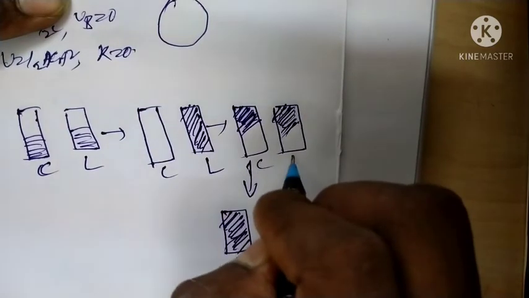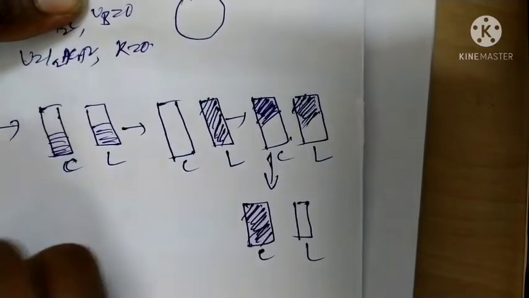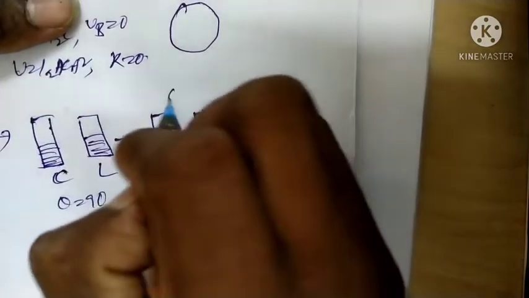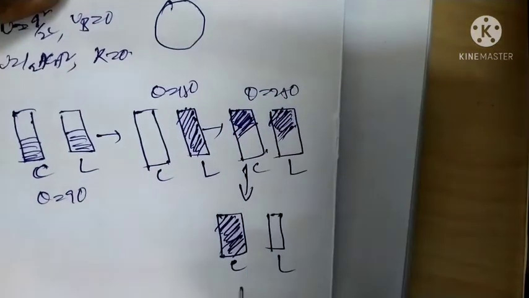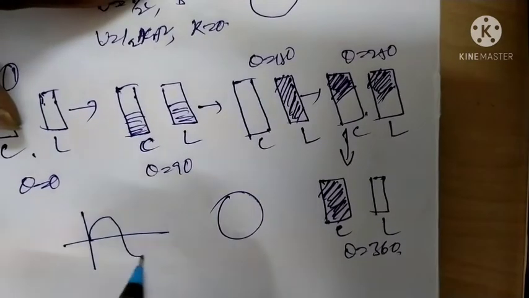This is the capacitor and the inductor, at 1, 2, 3, 4, 5: theta is 0 degrees, theta is equal to 90 degrees, theta is equal to 180 degrees, theta is equal to 270 degrees, theta is equal to 360 degrees. A complete rotated circle, that is like a wave nature.